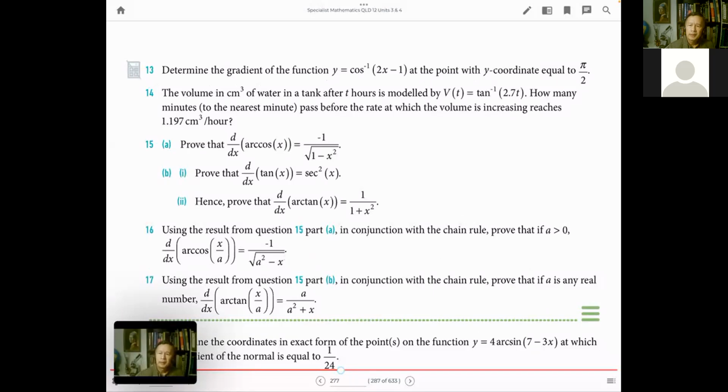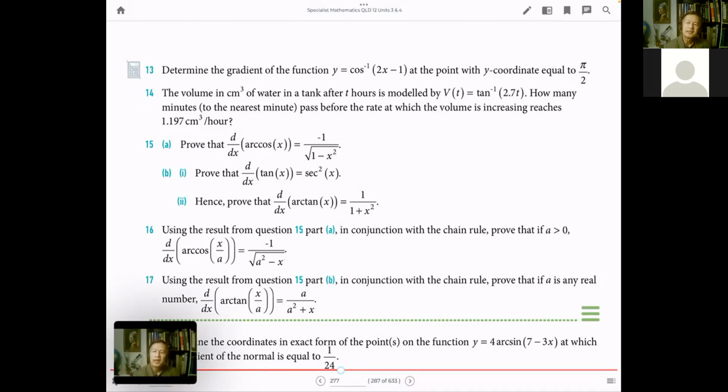Yes. Does the rate at which mean we have to do the derivative for it? How many minutes, to the nearest minute, pass? Oh, that is a formula for the volume change, right? Before the rate at which the volume increasing reaches that per hour.